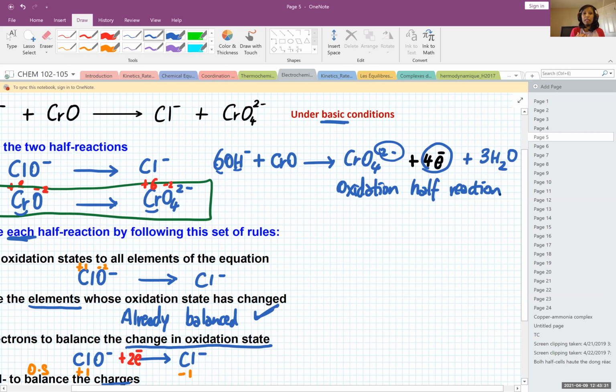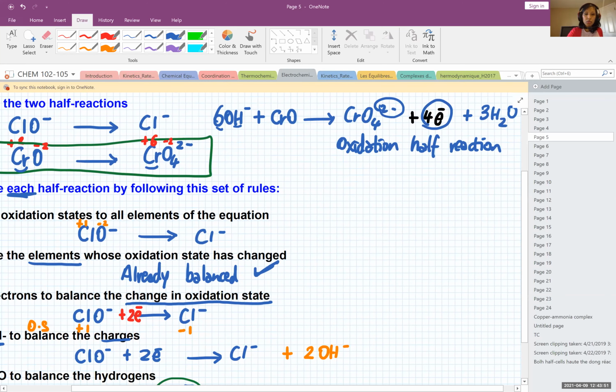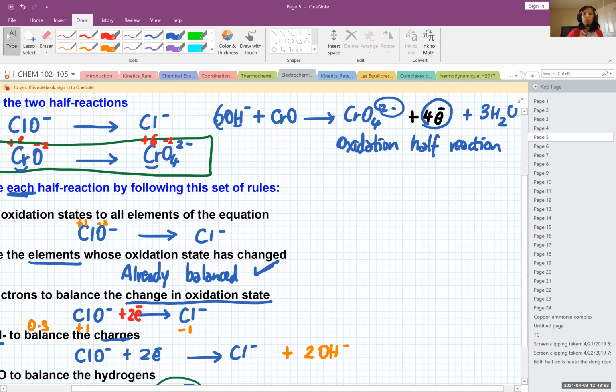We can't leave them like that because our goal is to build the balanced chemical equation for this redox reaction. Now, always remember your final equation, your balanced redox equation, can never contain electrons in them. So we will add these 2 half reactions in order to cancel out electrons.